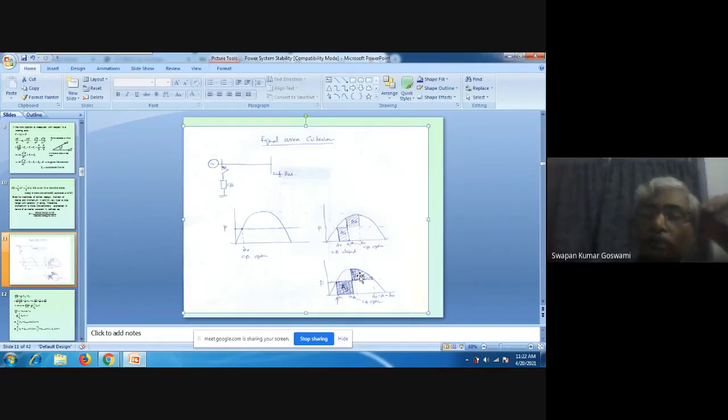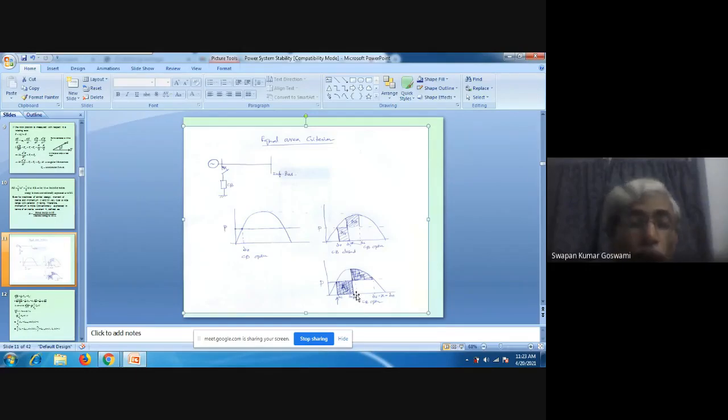Now, if we delay the opening of the circuit breakers still further, what will be the situation? If we delay the opening, say for a very short while, then what will happen? Instead of this position, say it has been allowed to move to this point.